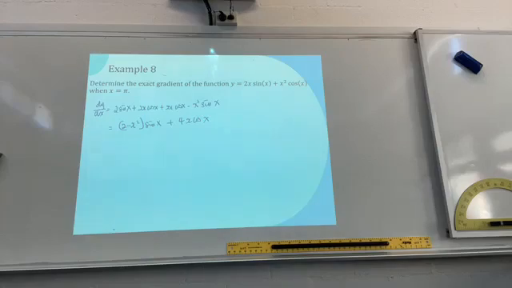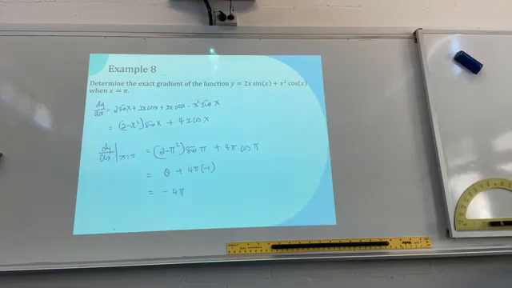So substituting x equals pi, you can work out that the exact gradient is minus 4 pi. That's it. And if you're asked to interpret minus 4 pi, it's a negative slope.